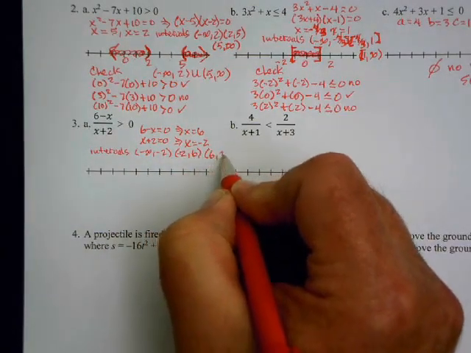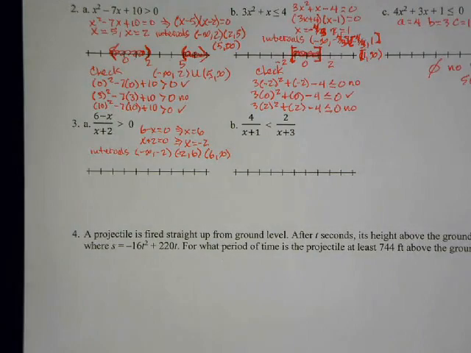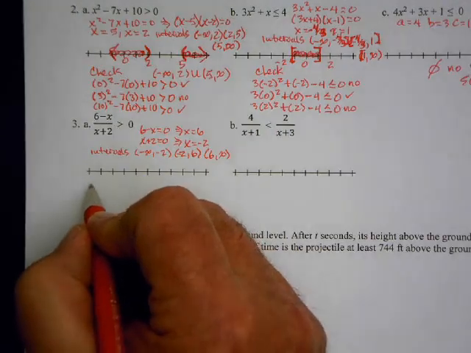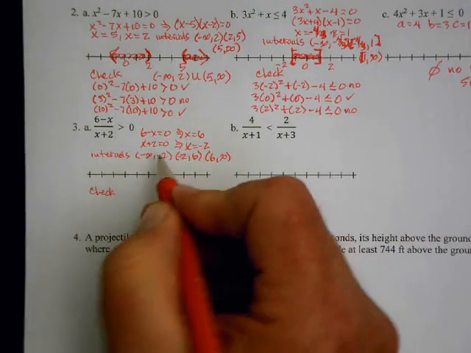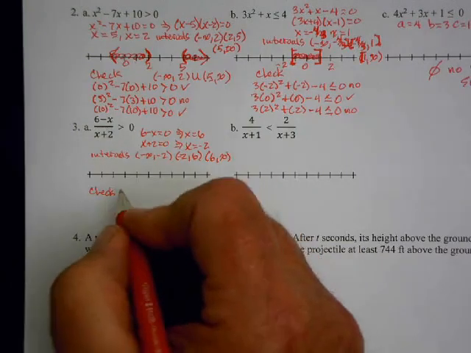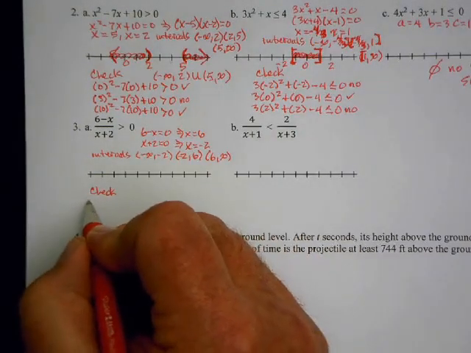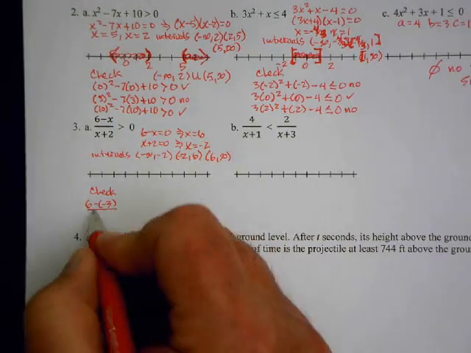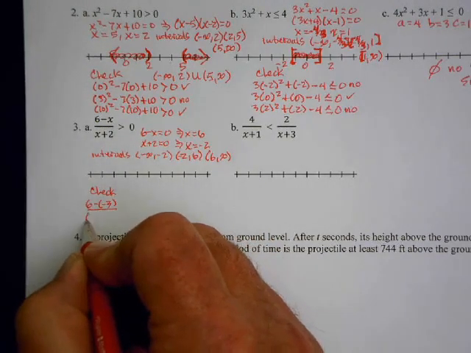So now we can check. So from negative infinity to negative 2, we could do like negative 3. So that would be a 6 subtract negative 3 over a negative 3 plus 2. Is that greater than 0?